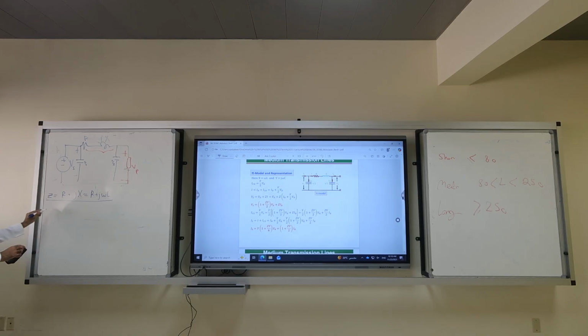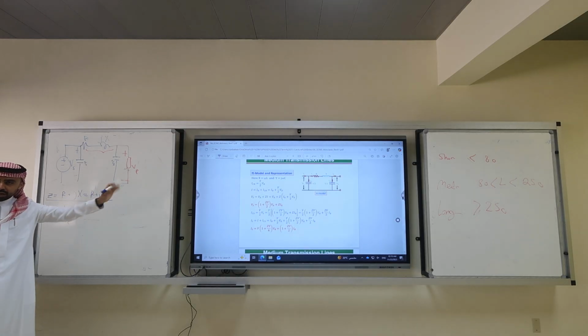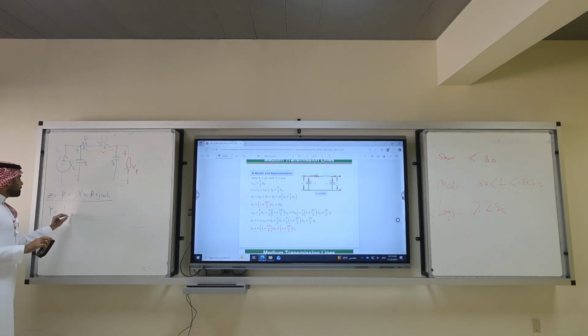Okay. Here, let's define a quantity Y to be 1 over Z of the capacitor. What is the impedance of a capacitor in general? Here is the trick. It's 1 over J omega C. Right or not?